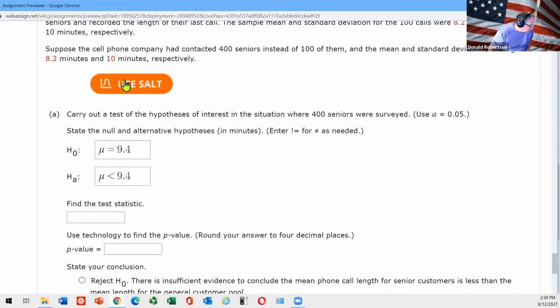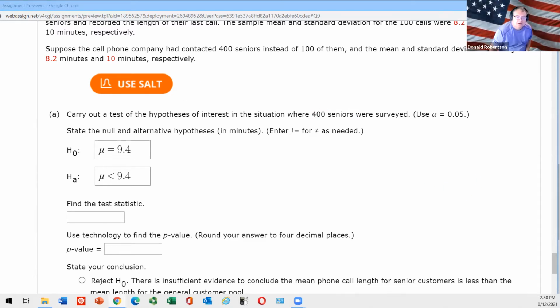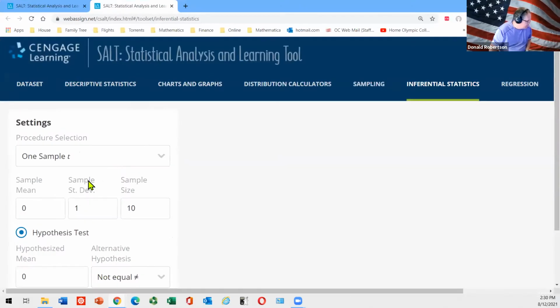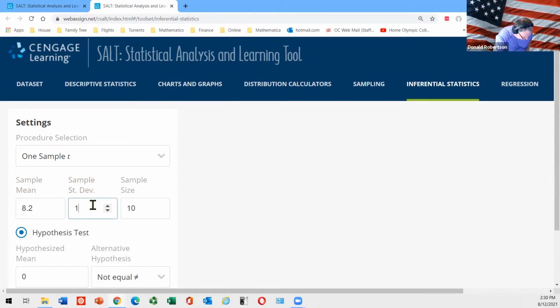Okay, so I'm going to hit salt now. I'm going to bring this guy over. I think I've got all the numbers that I need. It's going to have a mean of 8.2. Standard deviation happens to be 10. 10? That seems a bit on the big side, does it?